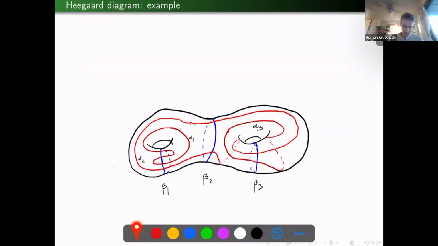Here's an example of such a Heegaard diagram. Here, g is equal to 2 and k is equal to 3. We have these three red alpha curves and three blue beta curves, and at all these intersection points, we see 90-degree angles.